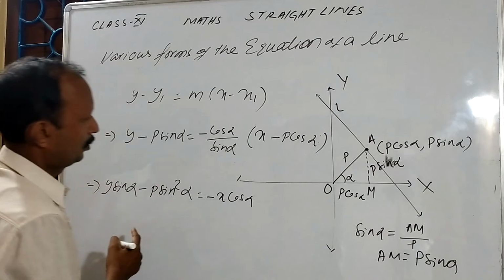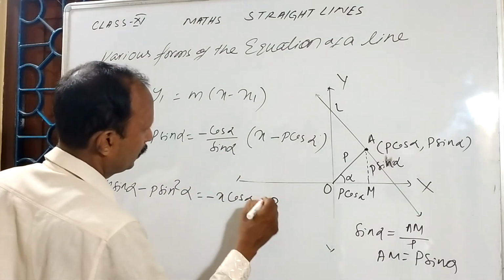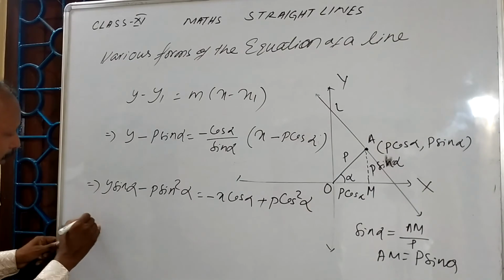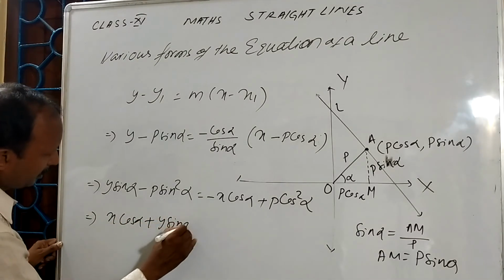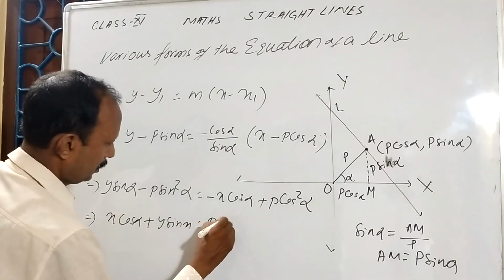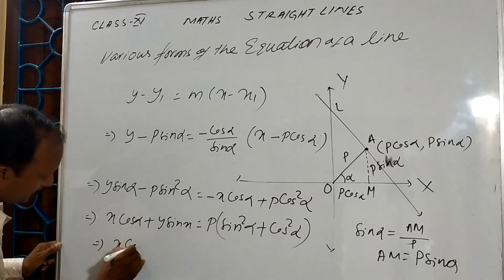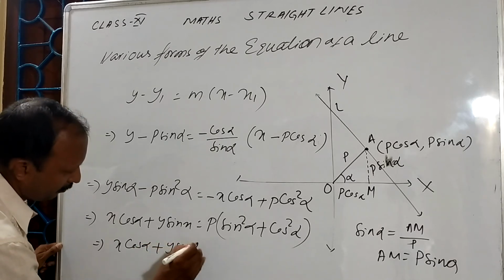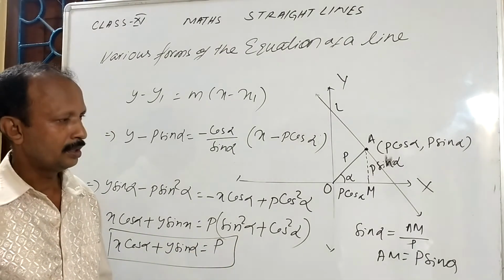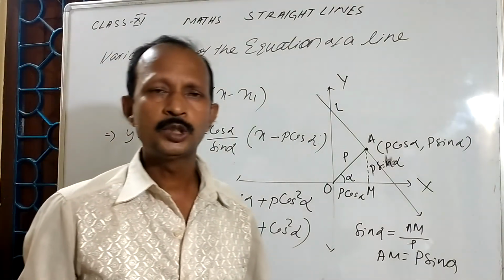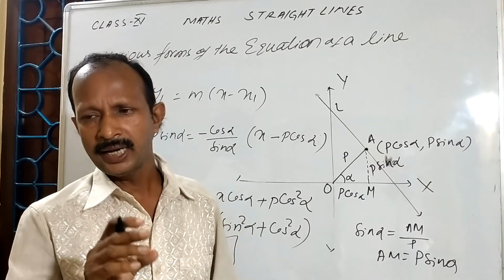Okay, so x cos alpha plus y sin alpha is equal to P into sin square alpha plus cos square alpha, which implies that x cos alpha plus y sin alpha is equal to P. This is the standard form of the equation of a line whose perpendicular distance P is given and whose angle with the positive direction of the x-axis is given.